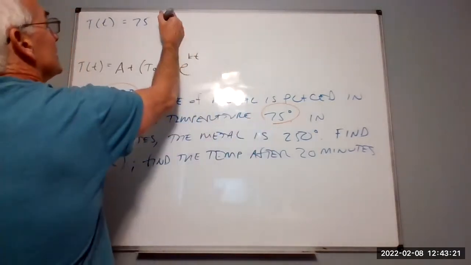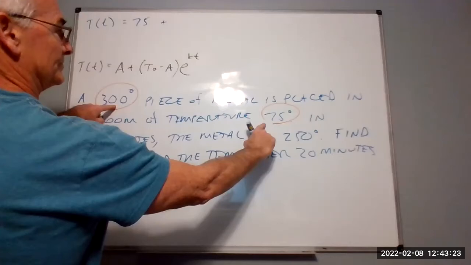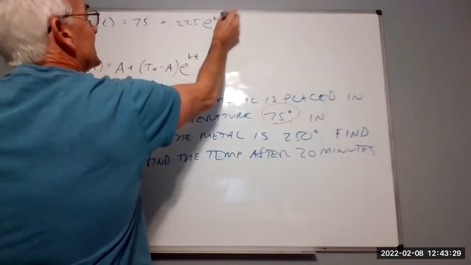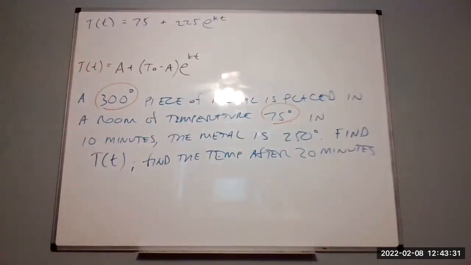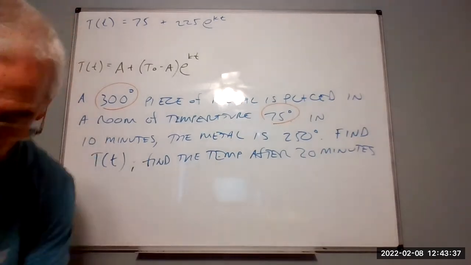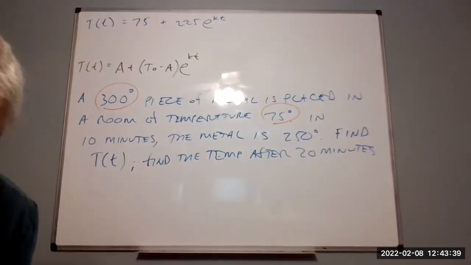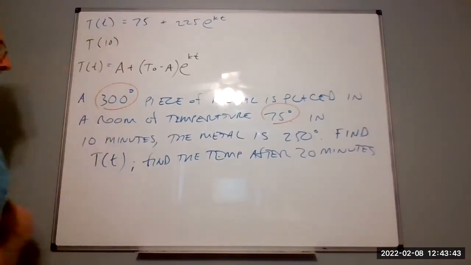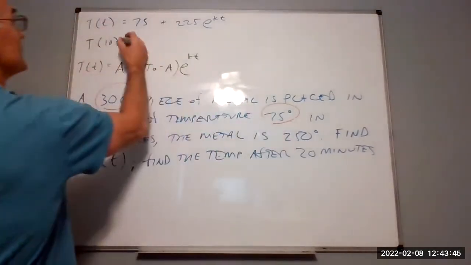Anybody? 225. 225 e to the kt. Great. That's the equation that we're going to start with. Okay, now what information do we know? We're only given one thing at this point, and that is that T of 10 is 250.